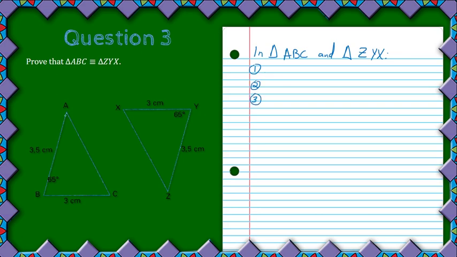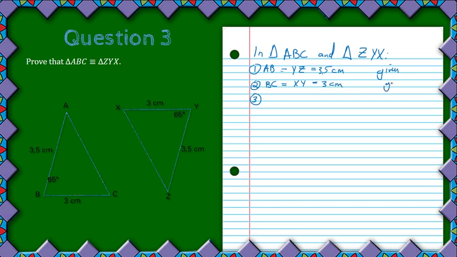So then we have that AB is equal to YZ is equal to 3.5 centimeters. So that is given. Then we have that BC is equal to XY is equal to 3 centimeters.